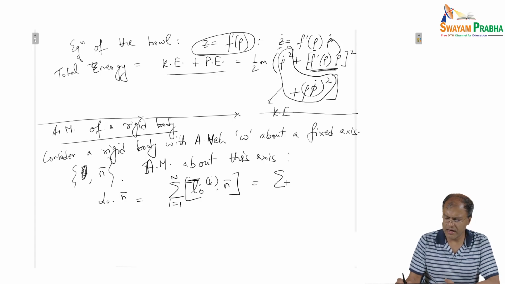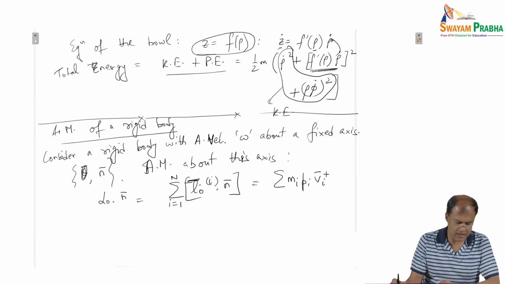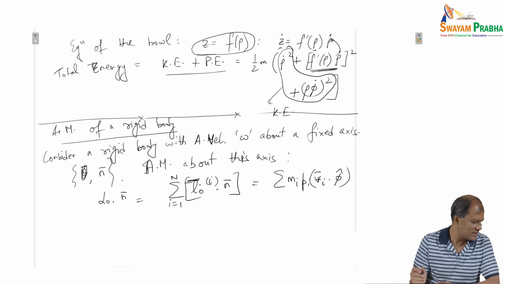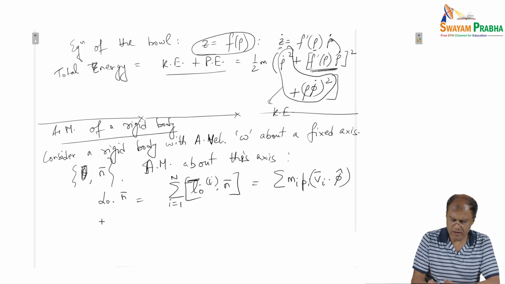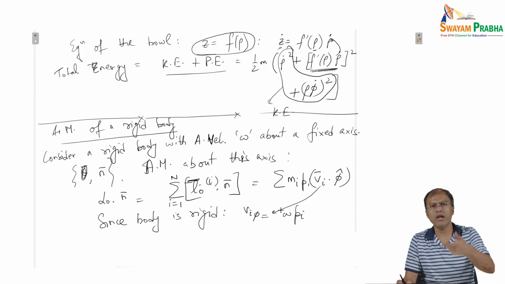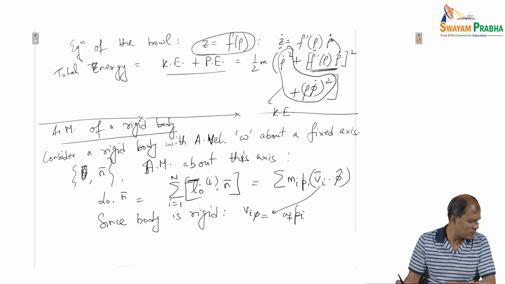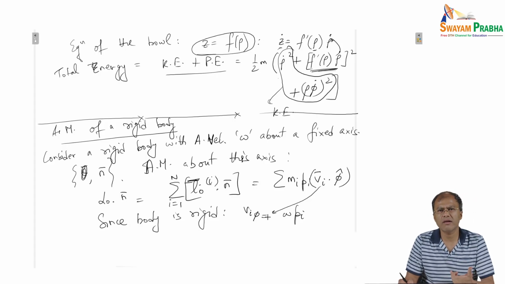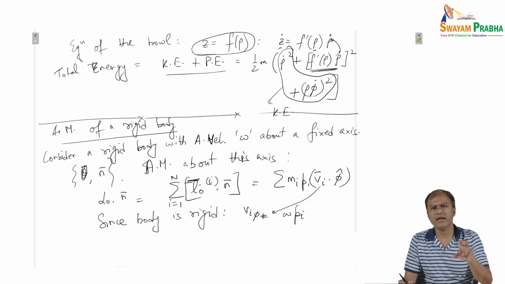So this L naught i will be m i rho i, rho i being the perpendicular distance from the axis of rotation, and v i dot with phi hat being the tangential direction. Since the body is rigid, we can very well write v i phi to be omega times rho i. It's not exactly rolling and slippage here. We are talking about the exact kinematic condition here.